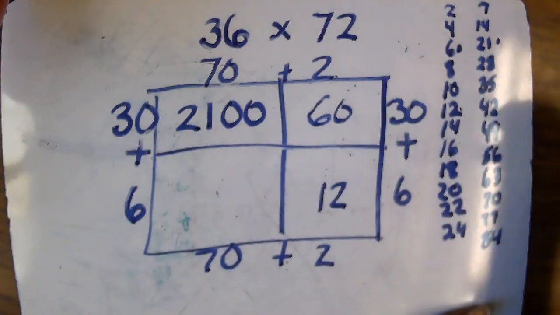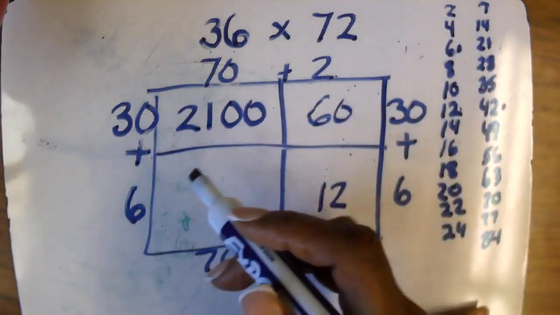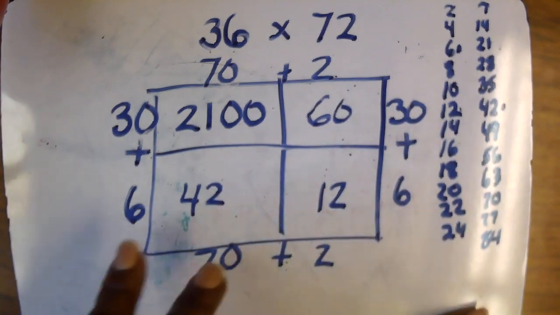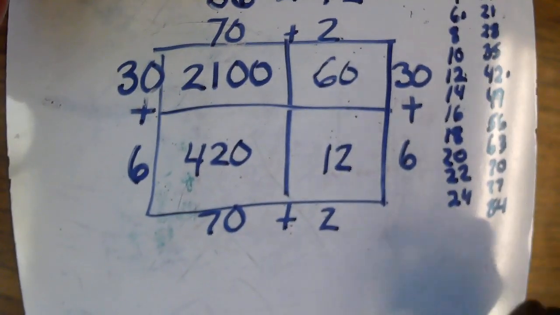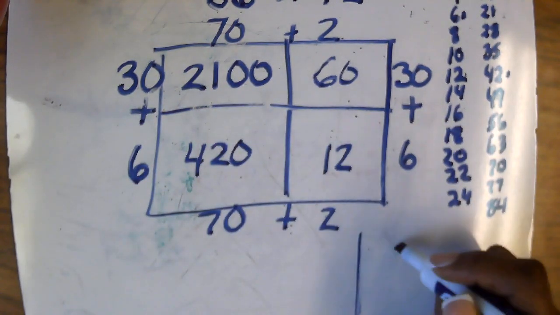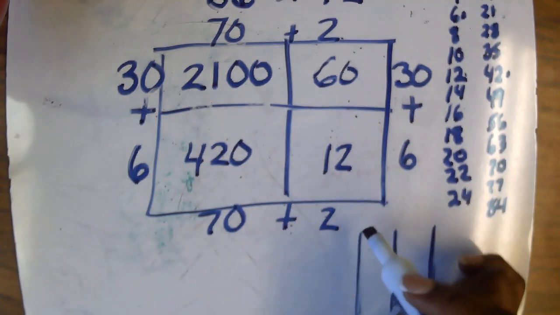Look in here. 6 times 7. Let me go down 6. 1, 2, 3, 4, 5, 6. That gives me 42. How many zeros? 1. Now I'm ready to add because all of my boxes are filled. I'm going to do 3 lines to keep my place value separated and have it nice and neat.